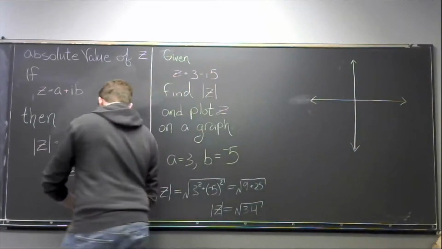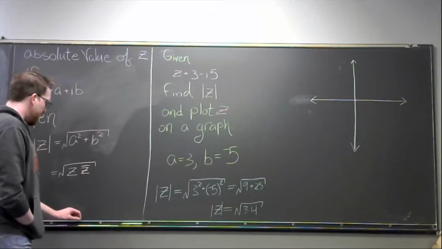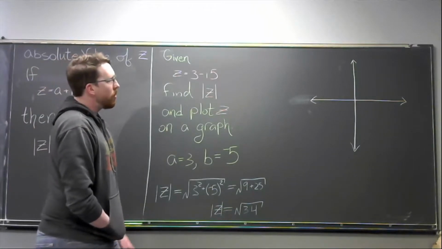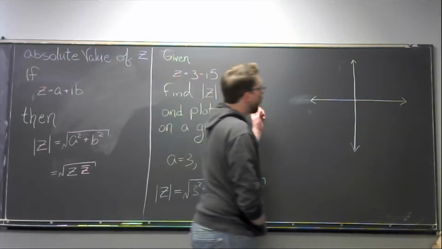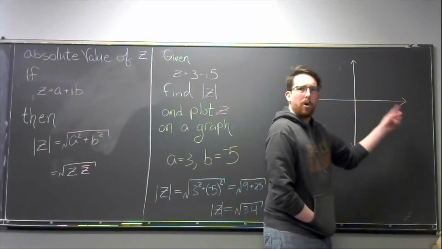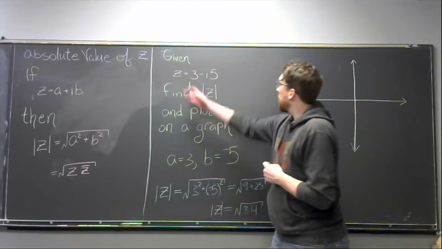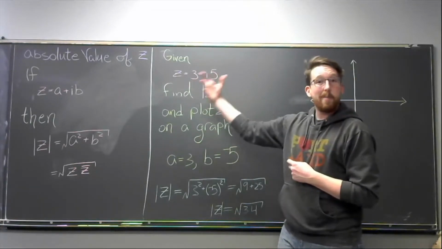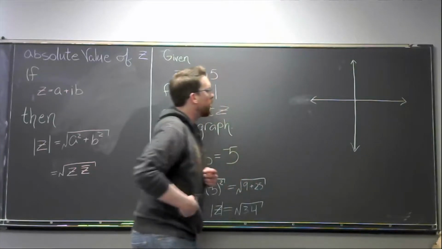Okay, so let's graph this now. We know that the real axis represents the real part of our complex number, and the y-axis represents the imaginary part of our complex number.